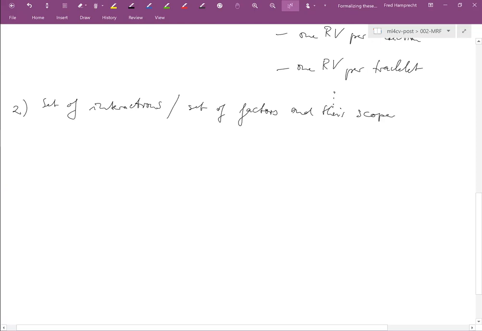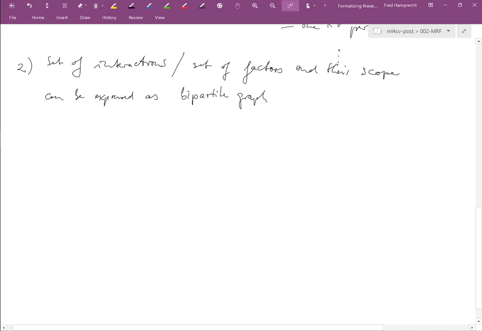And these interactions can be expressed as a bipartite graph. For those who have not heard about bipartite graphs before, those are just graphs with two kinds of nodes.